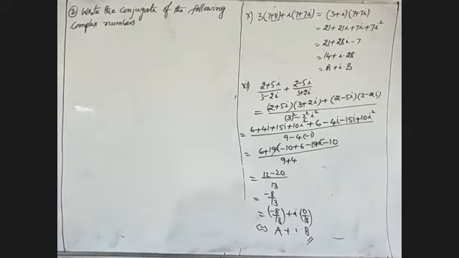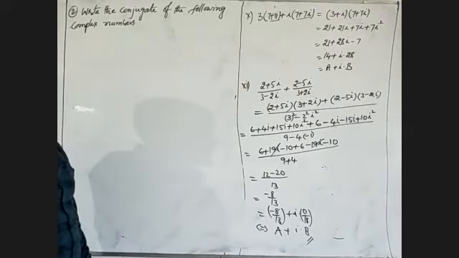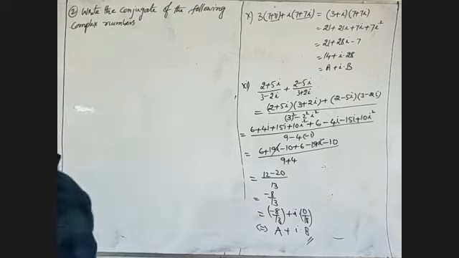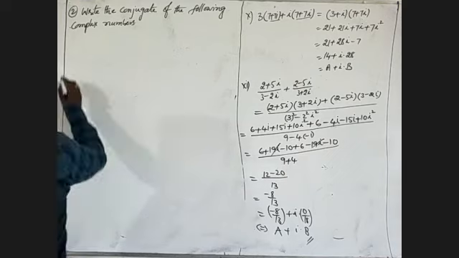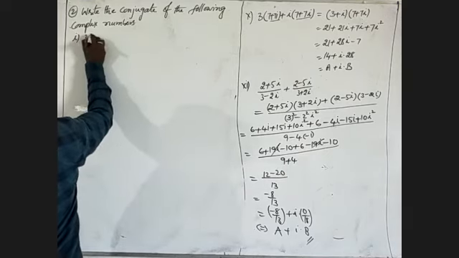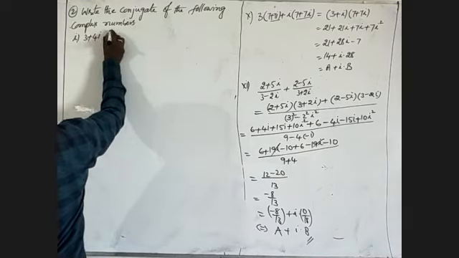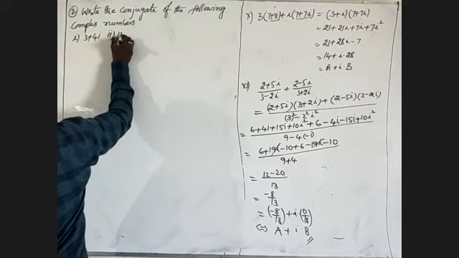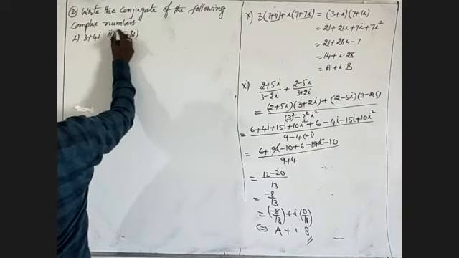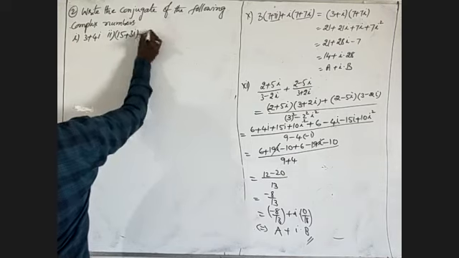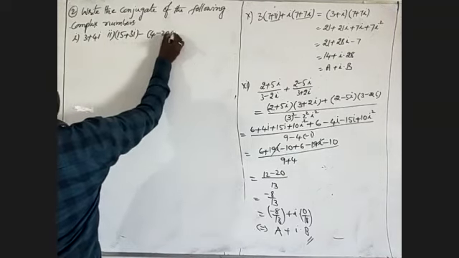I told you in the previous class that the conjugate of Z is Z bar, and the conjugate of a plus ib is a minus ib. Here some problems are given. First one is 3 plus 4i. Second one is 15 plus 3i minus 4 minus 28.